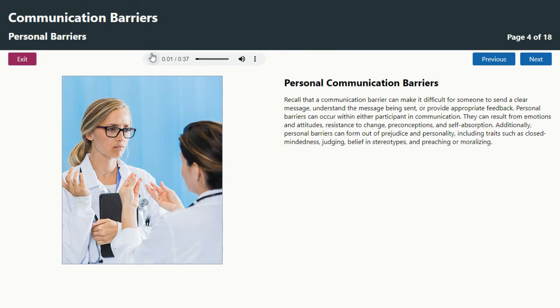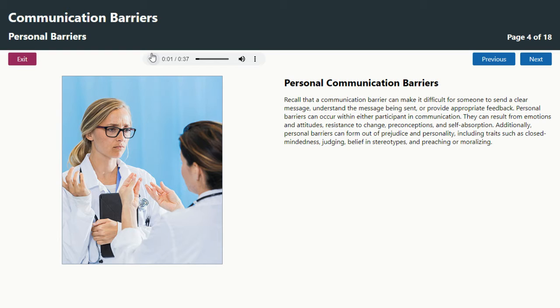Personal communication barrier. Recall that a communication barrier can make it difficult for someone to send a clear message, understand the message being sent, or provide appropriate feedback. Personal barriers can occur within either participant in communication.